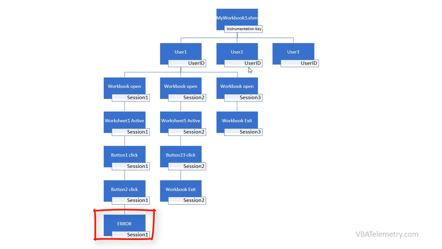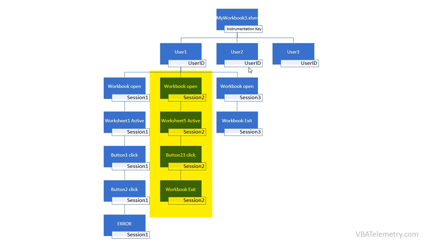After that, an error occurred in the VBA code. And we have an error tracing in place in our VBA code, and we will send this error to the Microsoft Azure resource. And this all happened in session 1. After that, Joe has again opened this workbook, and this has started session number 2.